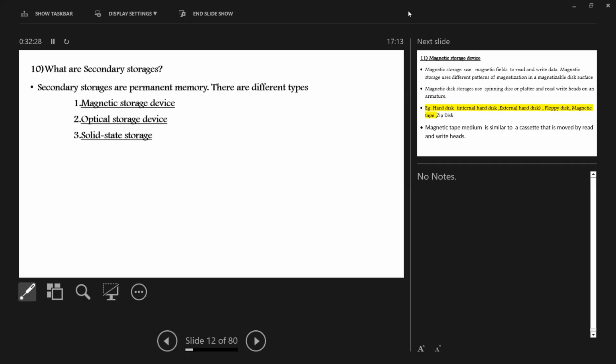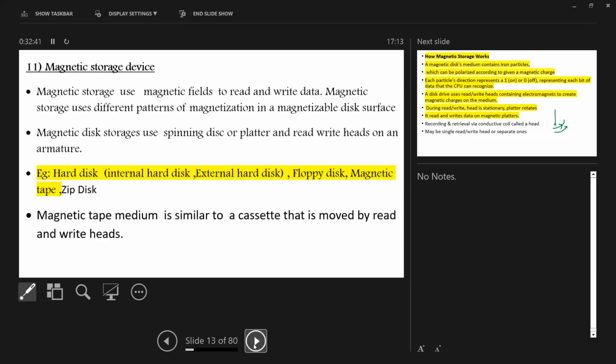Secondary storage devices. Secondary storage devices we can divide mainly into three: magnetic storage devices, optical storage devices, and solid state storages. Magnetic storage devices use a magnetic field to read and write data.